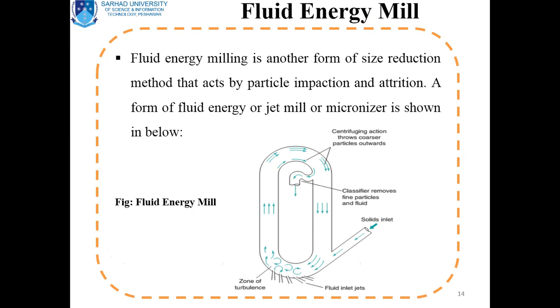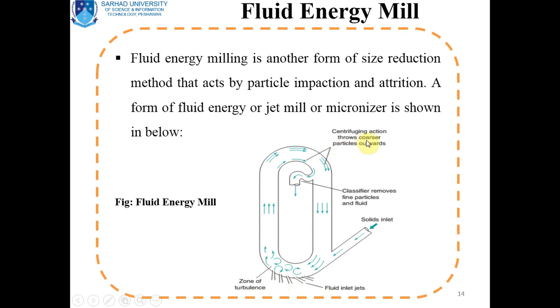The second mill is termed the fluid energy mill. You can see in the diagram the solids inlet, where the feed is introduced, and the fluid inlet jets, which supply high pressure air at the bottom, causing a zone of turbulence of the particles.